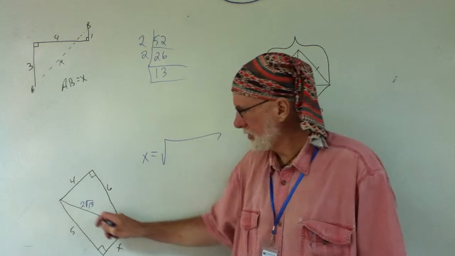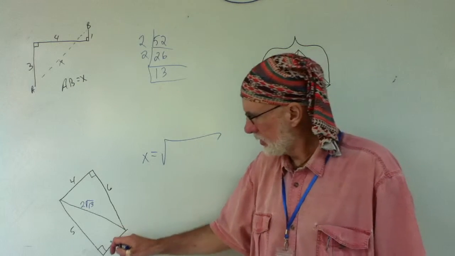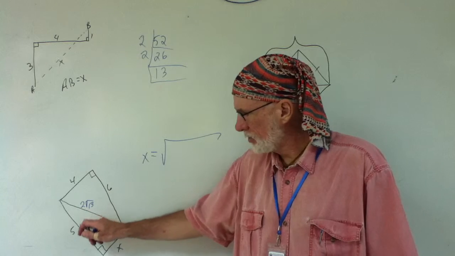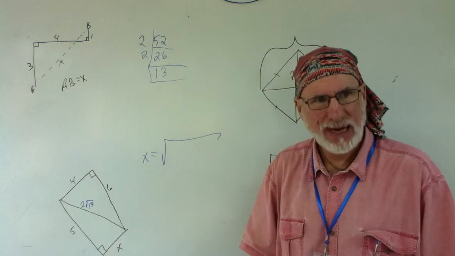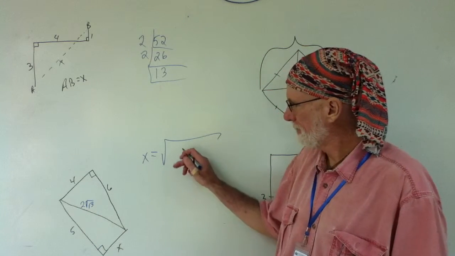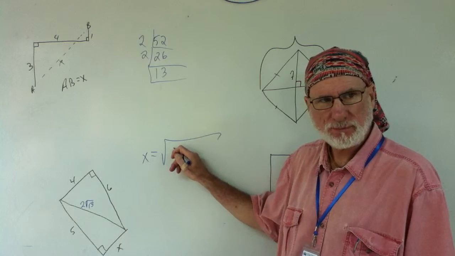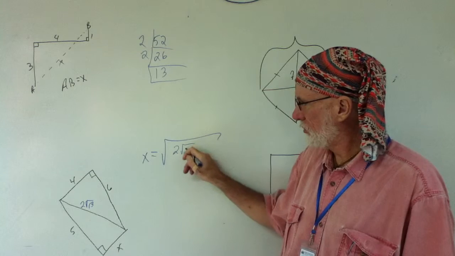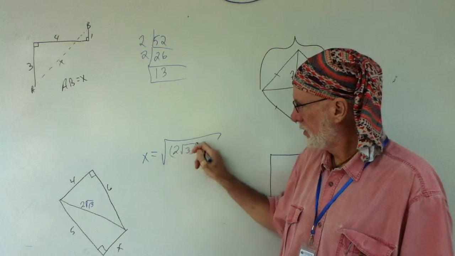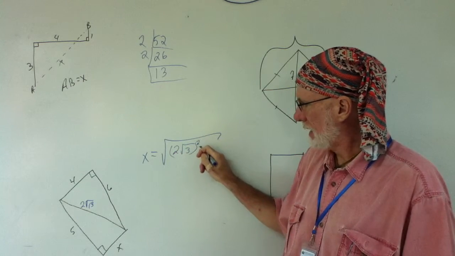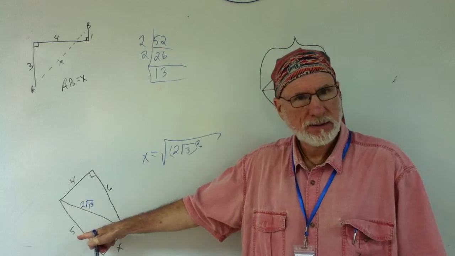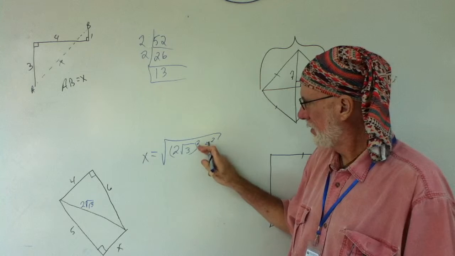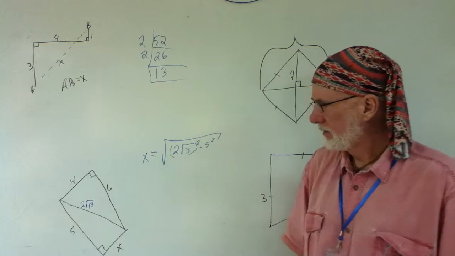Isn't this the hypotenuse? So isn't that a leg? So isn't it going to be hypotenuse minus leg? Right? So do it. That's right. 2 root 13 squared minus 5 squared.